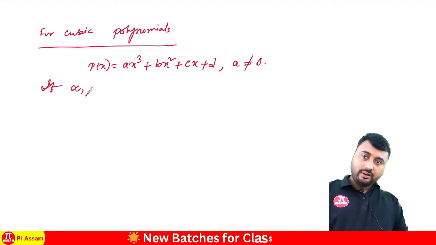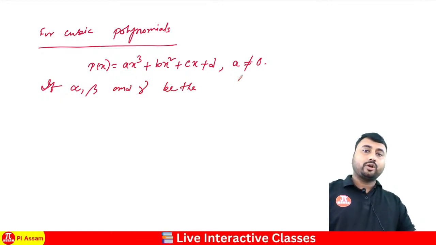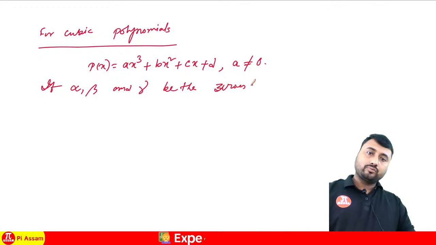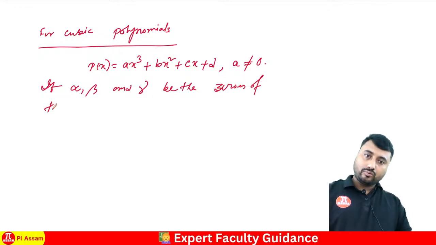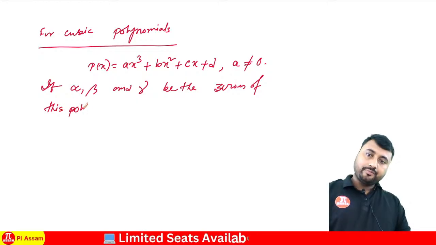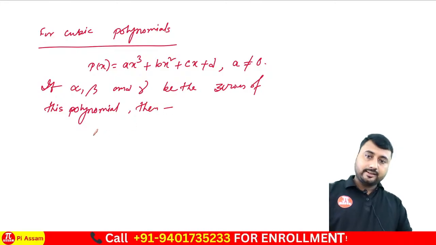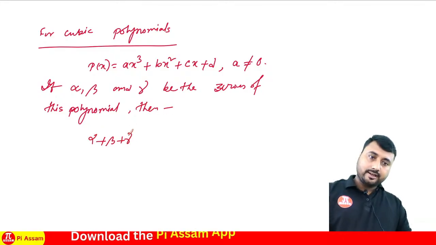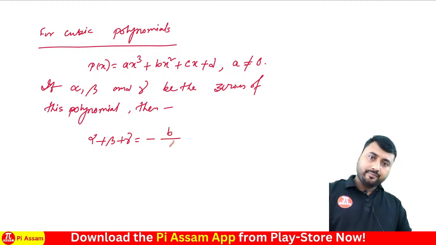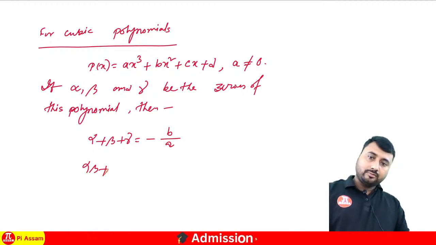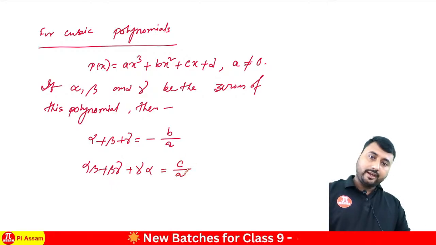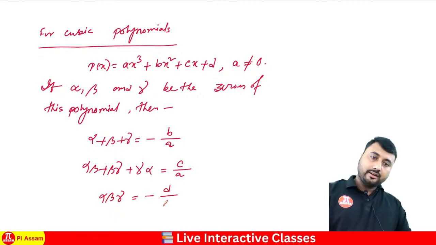If alpha, beta and gamma are the zeros of this polynomial, then we can write alpha plus beta plus gamma is equal to minus b by a, alpha beta plus beta gamma plus gamma alpha is equal to c by a, and alpha beta gamma is equal to minus d by a.